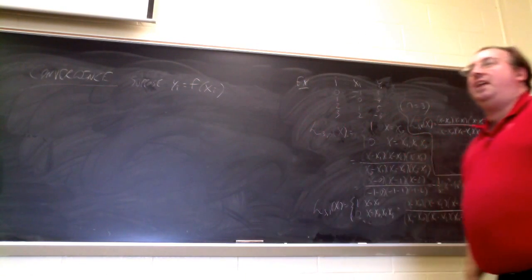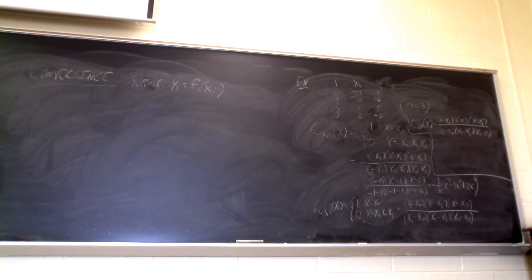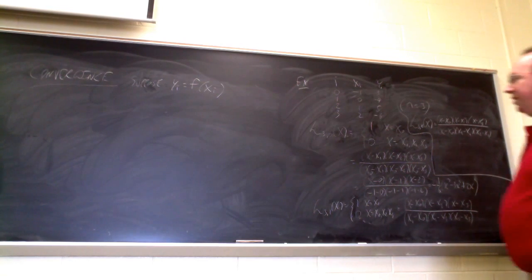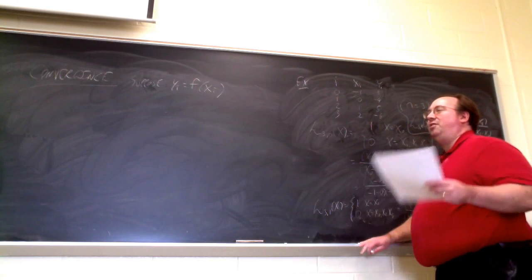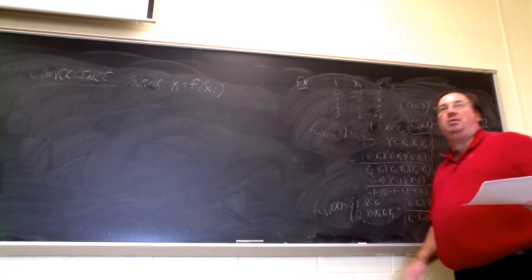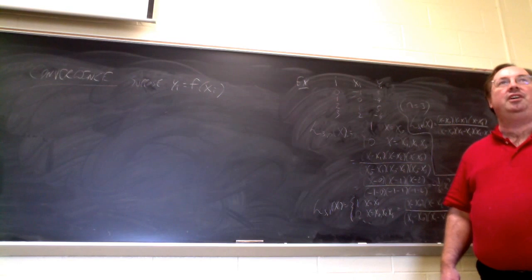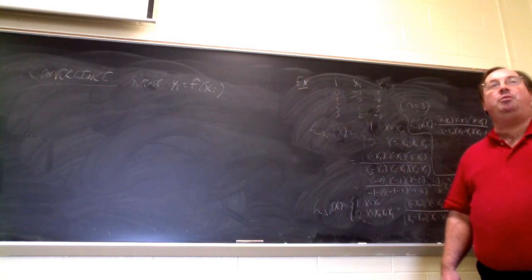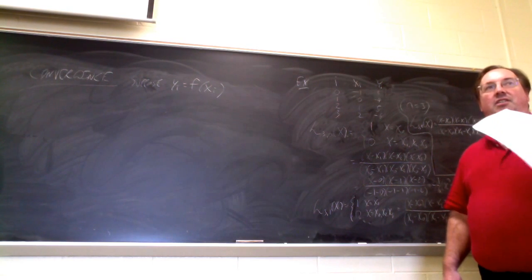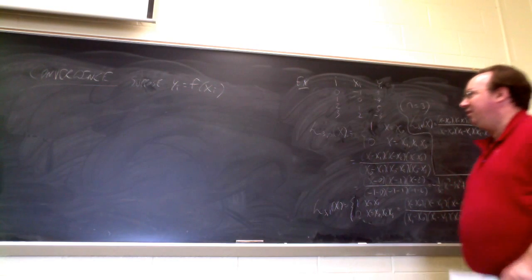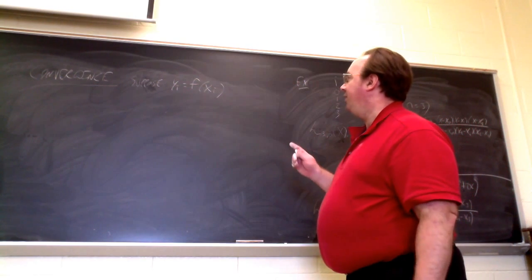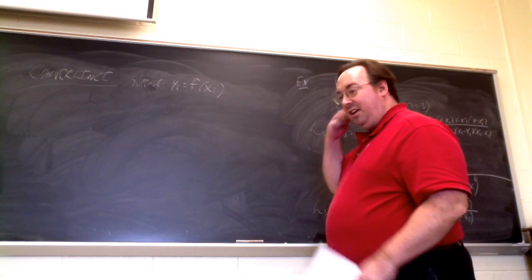So f of x could be whatever function that's known, and you're trying to approximate it by a polynomial simply because it's easier to work with, because you can differentiate or integrate it easily. That's actually going to be a running theme later in the semester, where we approximate derivatives and integrals by approximating a function by a polynomial and then differentiating and integrating the polynomial exactly. So there are many situations where this kind of polynomial approximation is helpful.